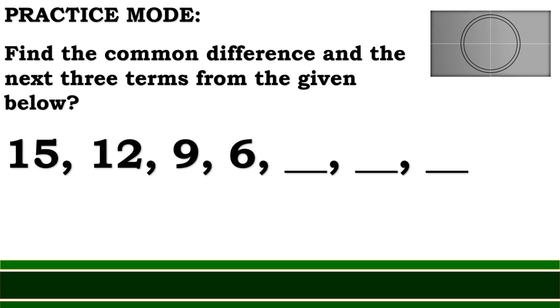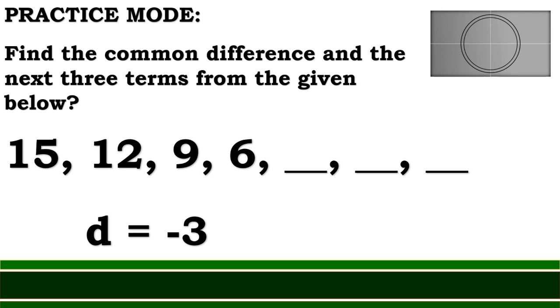Okay, the common difference from this sequence is negative 3, because 12 minus 15 will give you a negative value, which is negative 3. 9 minus 12 is also negative 3. 6 minus 9 is also negative 3.